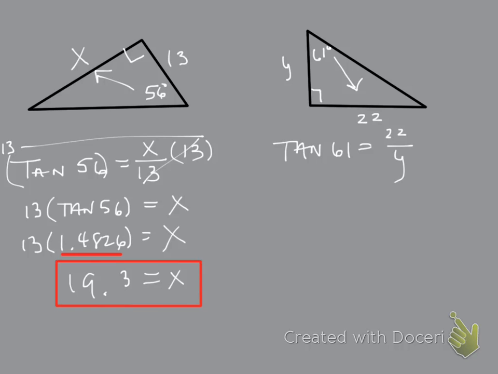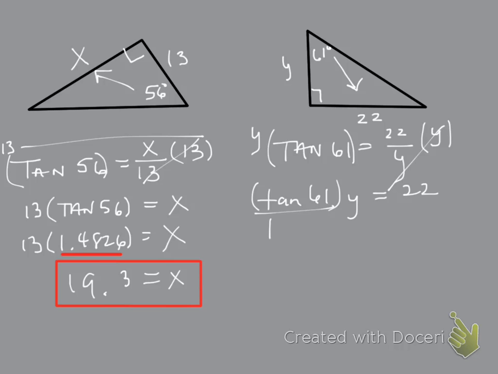What's the first thing I need to do here? I need to get y by itself, but unfortunately I have to get the denominator gone. So I'm going to multiply both sides by y. That's going to cancel this out, leaving me with the tangent of 61 times y is equal to 22.